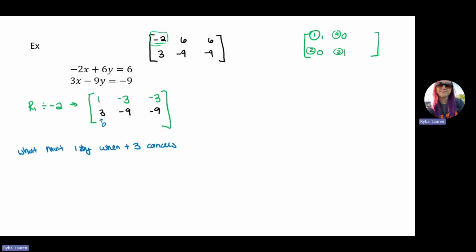So it's not 3, it's negative 3. So I'm going to take row 1 times negative 3, and then I'm going to add it to row 2. Now, our goal is to get a 0 in row 2's spot, so that's where I'm putting it. So put it in row 2.